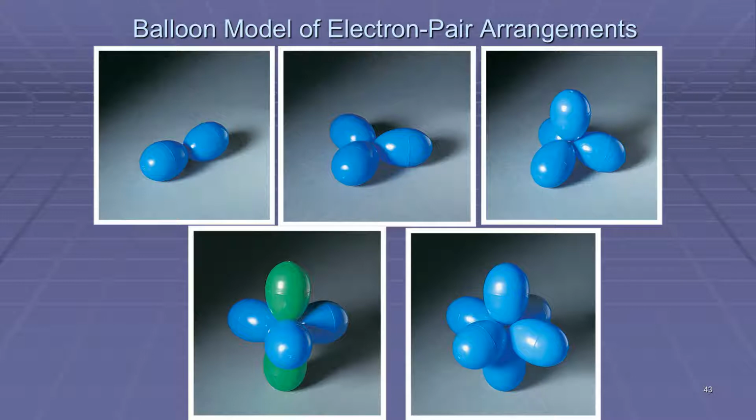They take up space by spreading out in three dimensions. Five on the bottom left. Notice the two different colors. We'll talk about that in a minute. It has to do with bond angles. And then if you've got six regions, so 12 electrons, that gives you what we call the octahedral. We'll look at those in more detail in just a second.